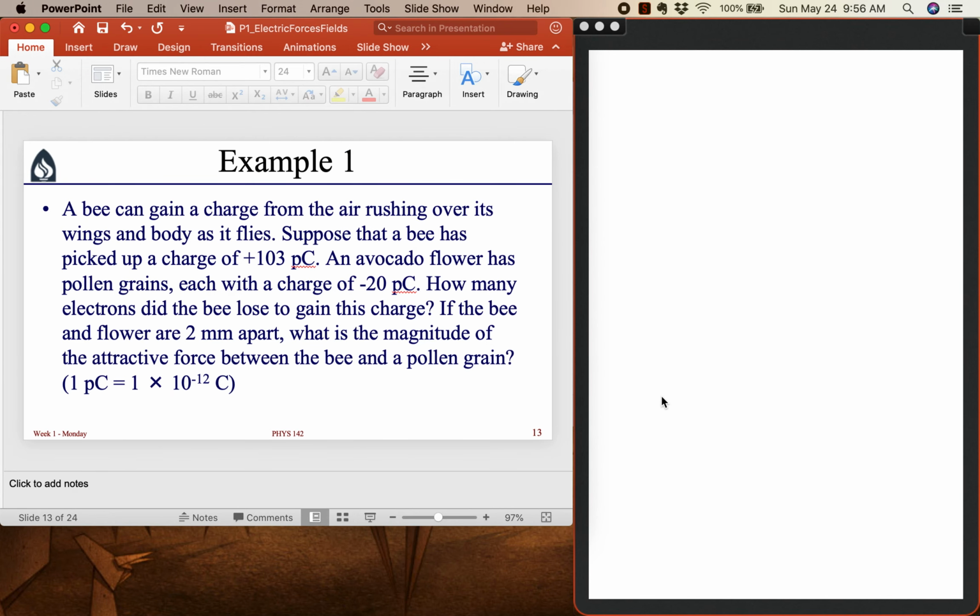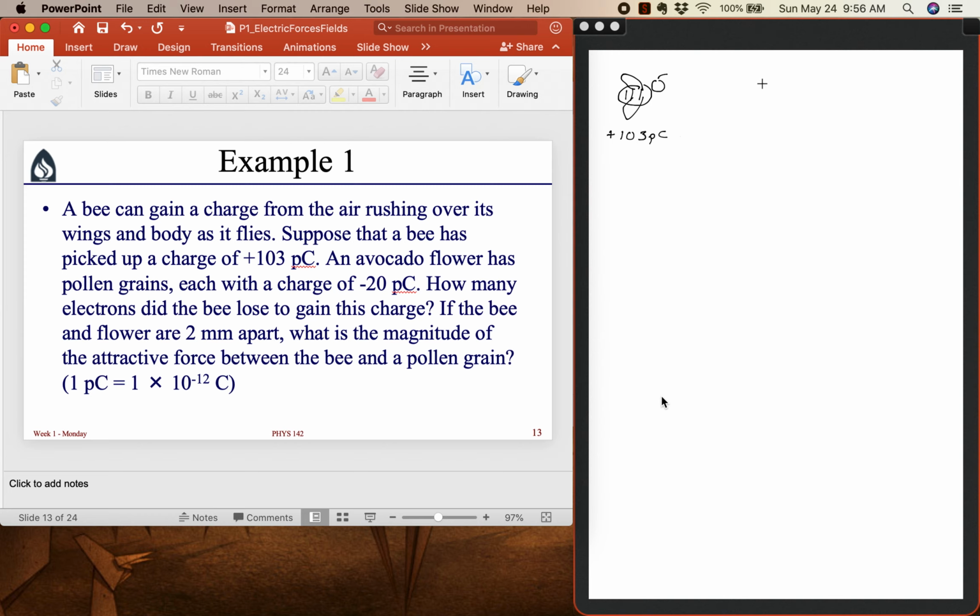So first off, let's draw a picture of this situation. So here is our bee, and the bee is flying and picks up a charge of positive 103 picocoulombs.